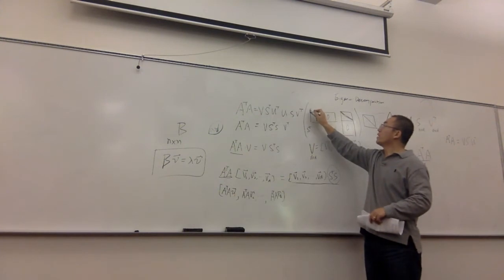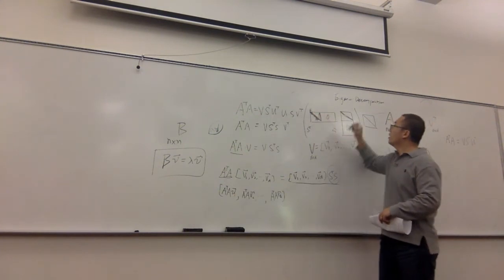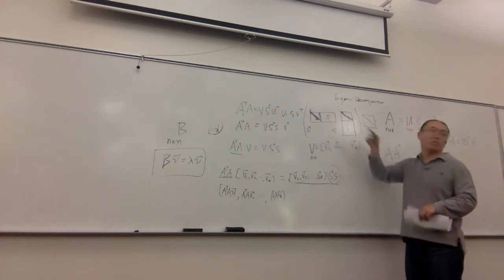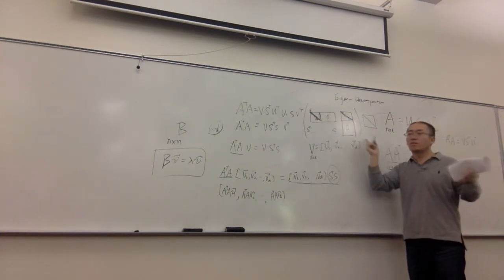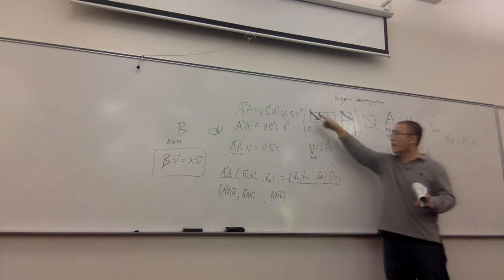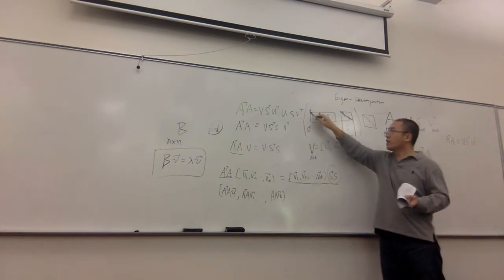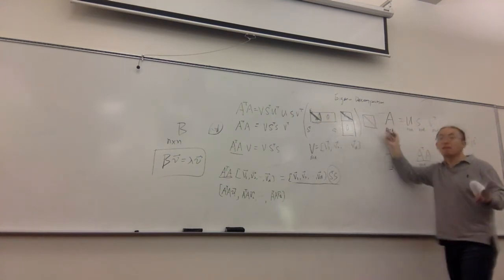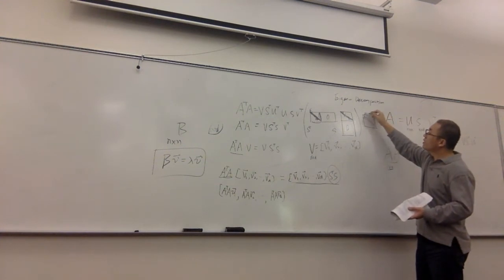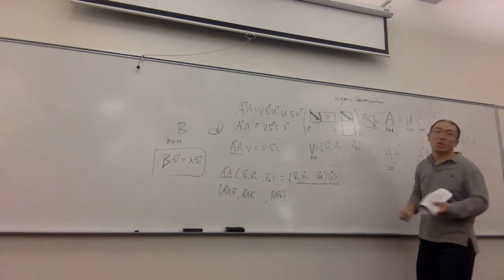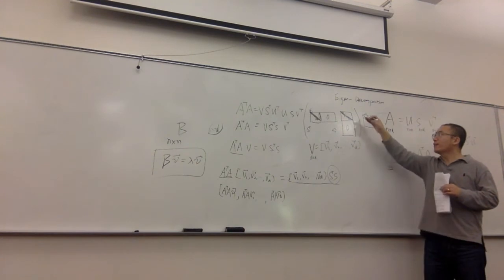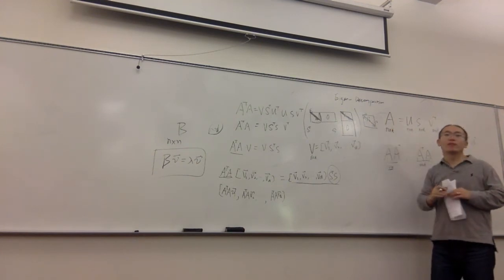So here is sigma 1, sigma 2 to sigma r, and here is also sigma 1, sigma 2 to sigma r. And here 0 times 0 is just 0, which doesn't affect any result. So the result is simply the multiplication between this d by d submatrix and the same d by d submatrix, giving sigma 1 square, sigma 2 square, until sigma r square. Those squares of the singular values all stay on the diagonal.